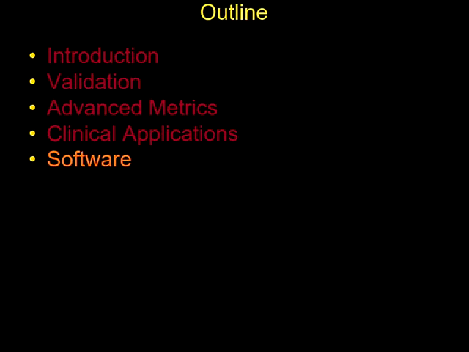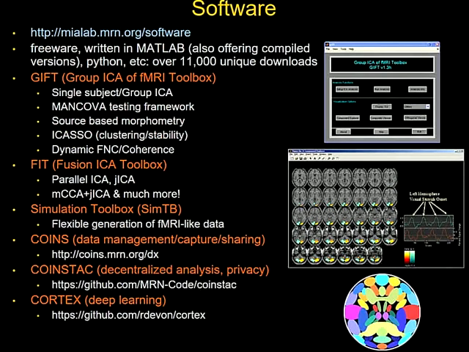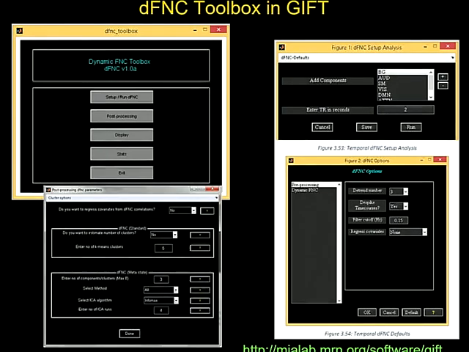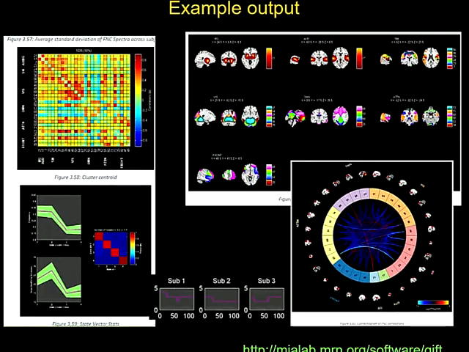Okay, and then just a few slides. We try to make our software available to the community, and this gives an example of where, at this website, you can download these toolboxes. To drill down a little bit more, within the GIFT toolbox, which implements ICA and spatially constrained ICA and a lot of different options, we have a dynamic FNC toolbox, which lets you set parameters and produce plots like the ones I've shown in these figures, and test for these various parametric differences that I've been talking about.